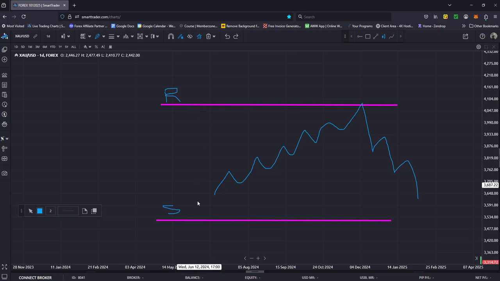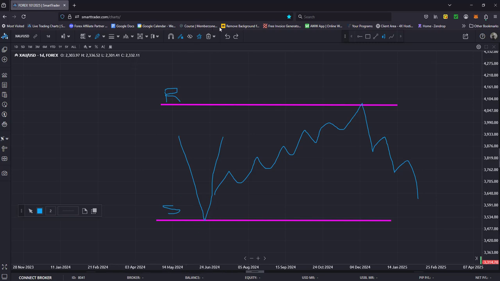So if you're in a house, you have one area that's a floor, one area that's a ceiling. If we were bouncing a ball and we drop the ball from our hands, the ball would bounce to the floor and then bounce right back up. That floor area is support.